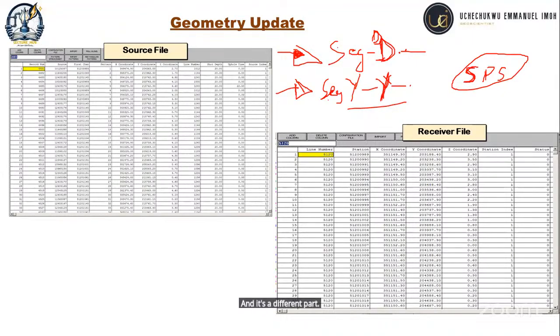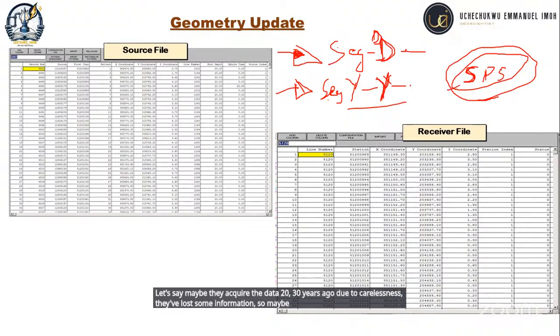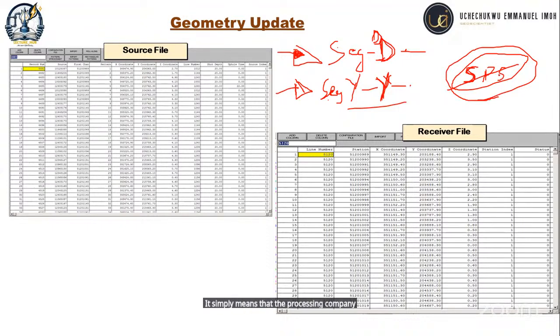But what happens if you have the seg-Y file and you don't have the SPS? Let's say maybe they acquired the data 20, 30 years ago. Due to carelessness, they've lost some information, so maybe their SPS, they don't know where it is. It simply means that the processing company can extract the SPS information from the seg-Y file, but they can never ever extract it from the seg-D file.